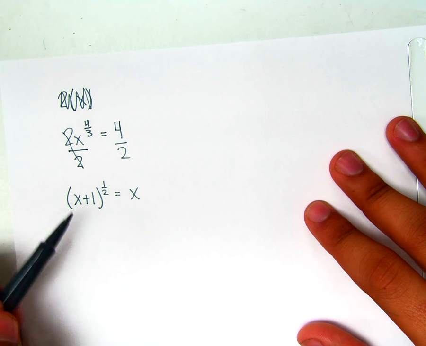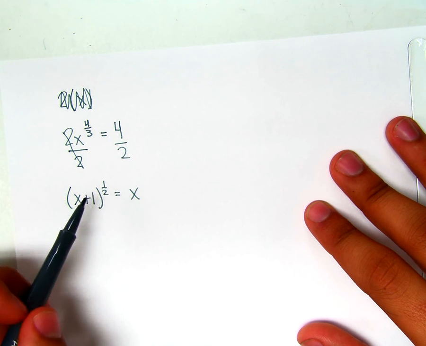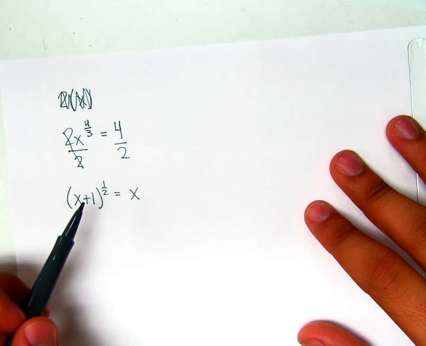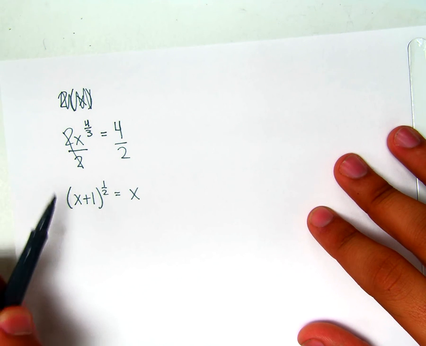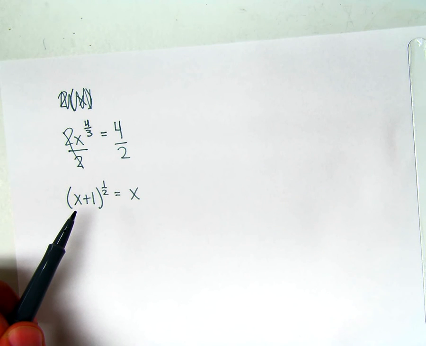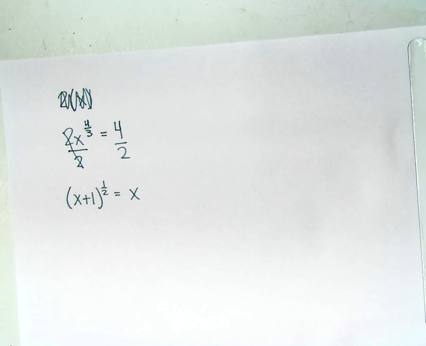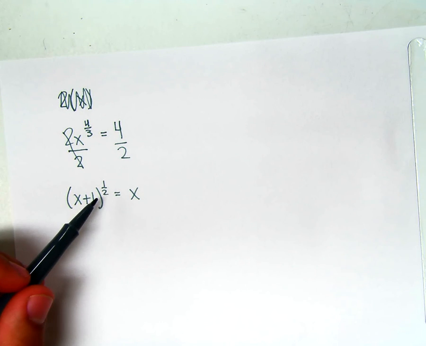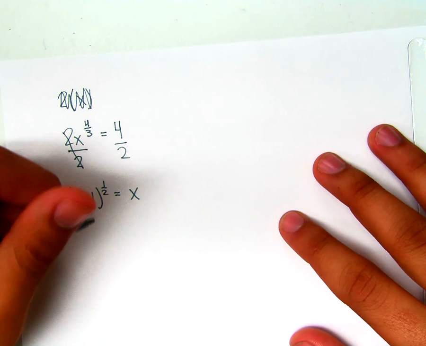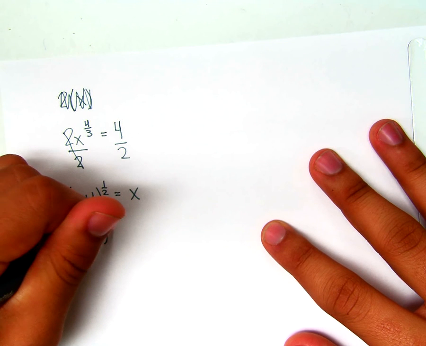Yes, it is, because the part in the parentheses goes with the exponent. And there's nothing in front or behind, so it's isolated. So now, what's the next step? Yeah, so we get rid of it. What's the reciprocal of 1/2? 2 over 1. So raise x plus 1 to 2 over 1.